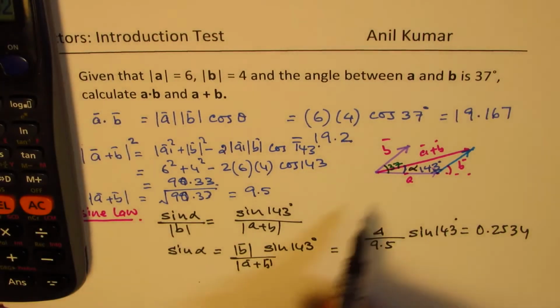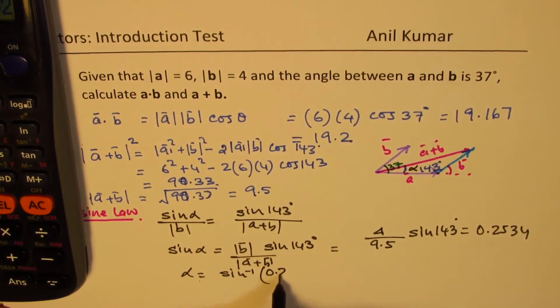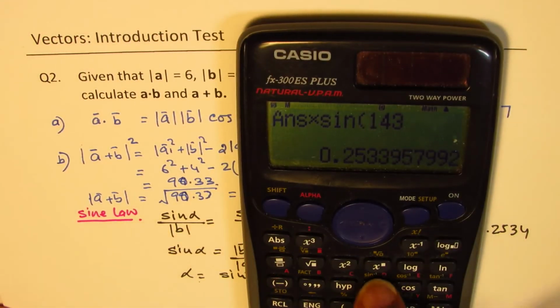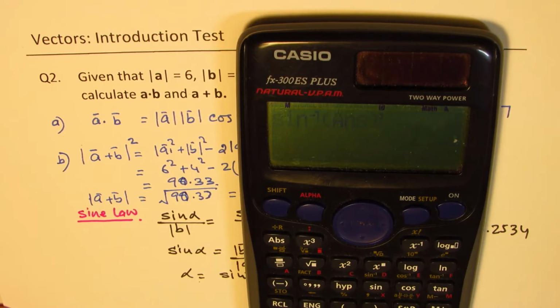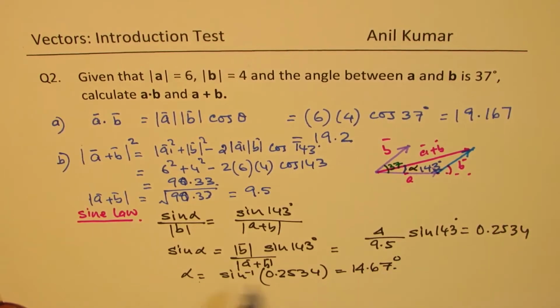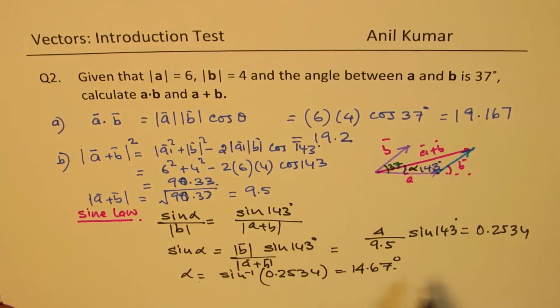So we find alpha as sine inverse of 0.2534, and that gives you 14.67 degrees, correct? So we can say that A plus B makes an angle of 14.7 degrees with A, right?